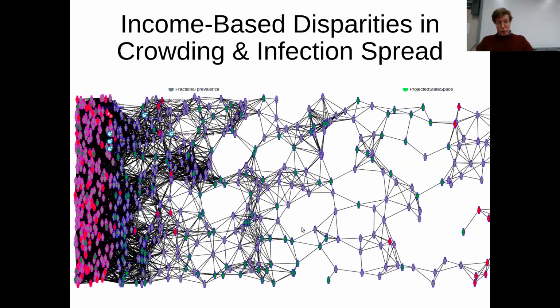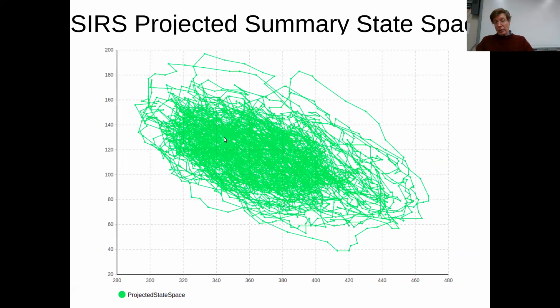We have a population which exhibits heterogeneity, profound disparities in income, and the income induces crowding here. And what one sees again is some sort of lower dimensional structure, some sort of circling around in equilibrium if we look at the summary state space. Now, this may look unremarkable. This may look like, well, okay, so it's kind of a fuzzy blob.